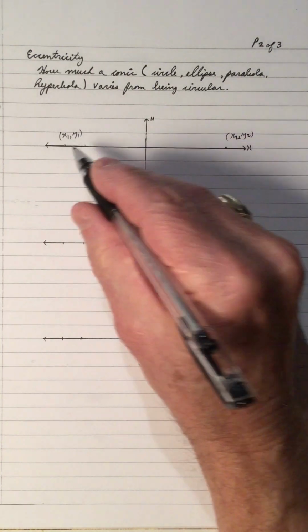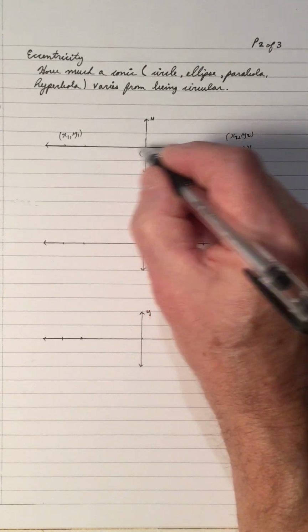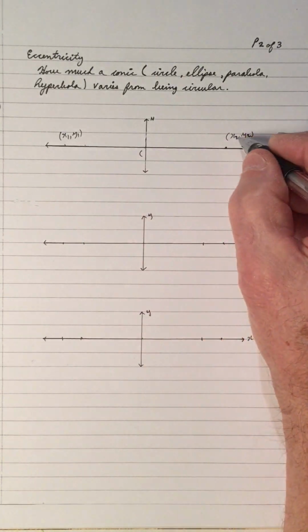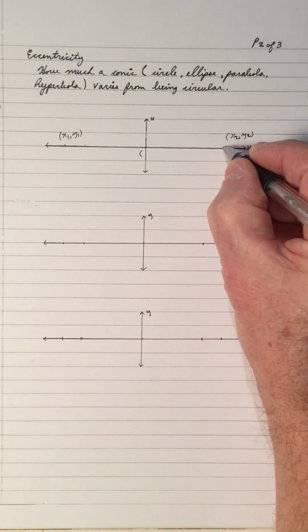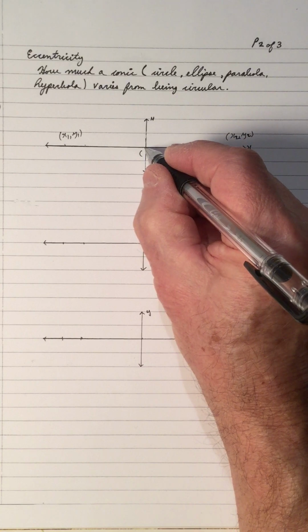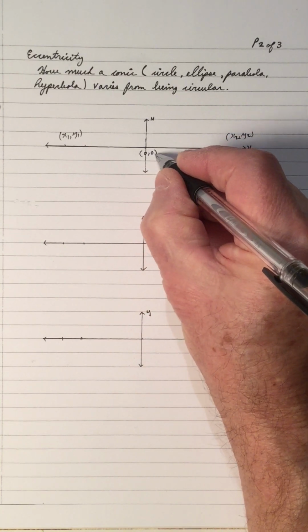If you take those 2 points and find the center of them, let's assume these 2 points are an equal distance from it, so this distance right here is the same as this distance. This is the middle of the 2 points, which we're going to say the center is 0, 0.